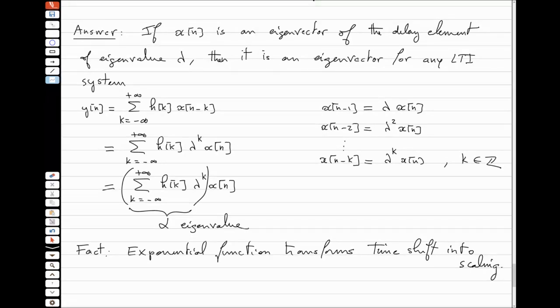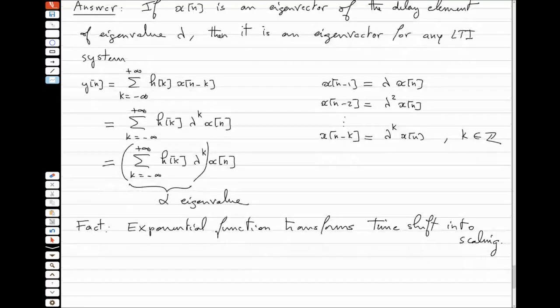Right? Because time shift is what? Is addition to the exponent, but addition in the exponent becomes multiplication, as you know. So exponential function transforms time shift into scaling. So that's the reason you can find all these eigenvectors.